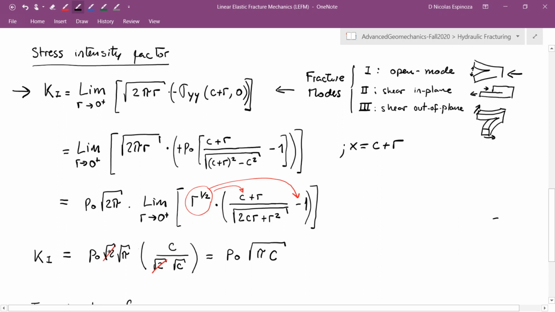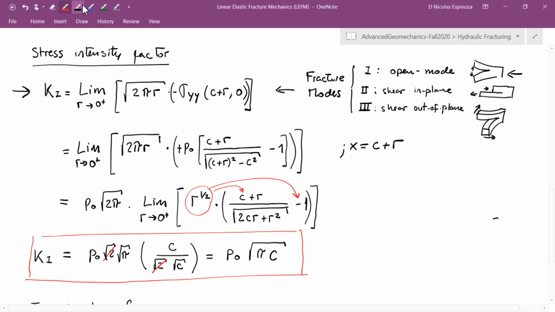And since I can simplify a little bit this equation, I'm going to find out that the stress intensity factor for a linear fracture pressurized with constant pressure is going to be what I see over here. And remember that this is going to be for a constant pressure.